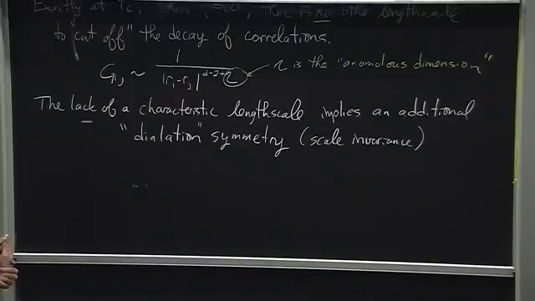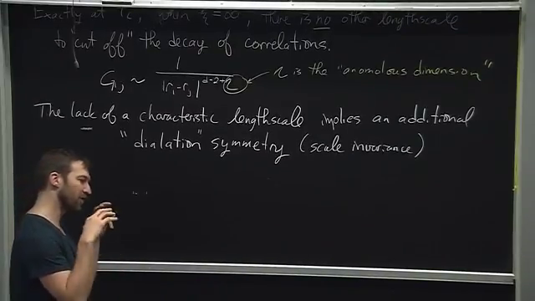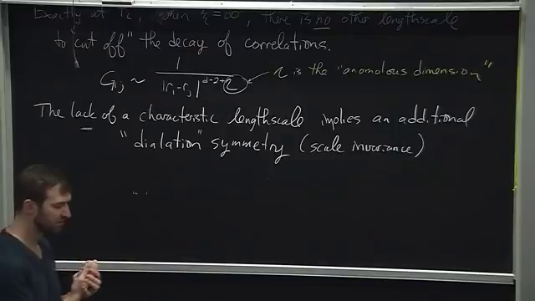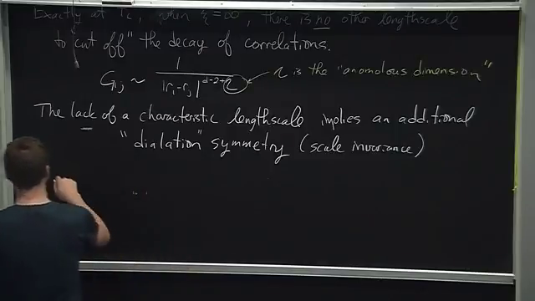So when we constructed the Landau theory, we used local symmetries. They're local in the interaction, but we didn't include any sort of dilation symmetry. If we did, it would work.